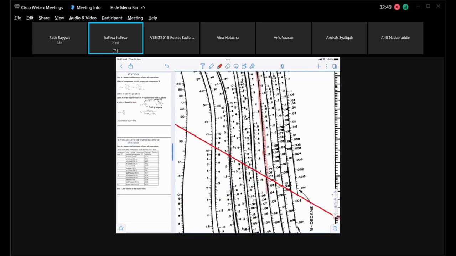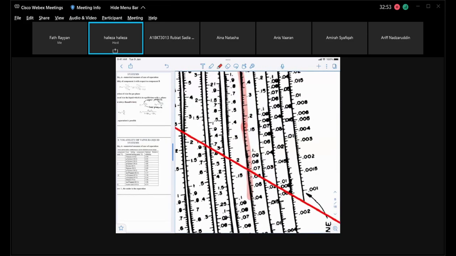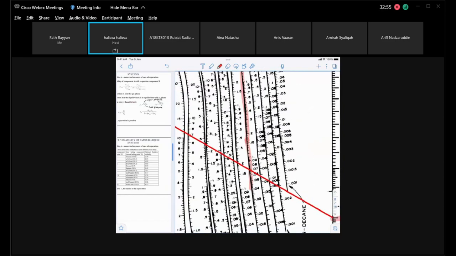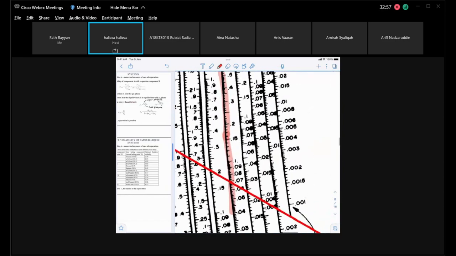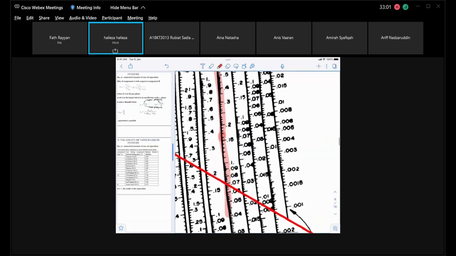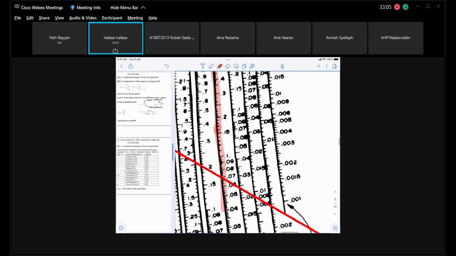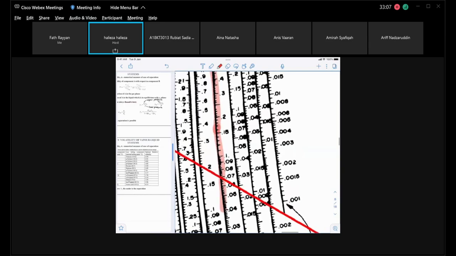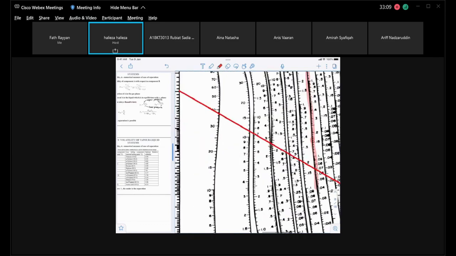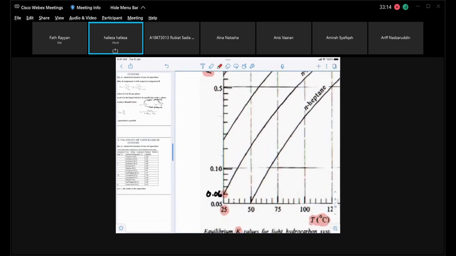Okay. So if you zoom in, because my line is too heavy, the solid line is heavy, if you read it off the graph, it's roughly 0.07. But the value that we got from the other graph, which is more accurate, is about 0.06. So it's not too far off.